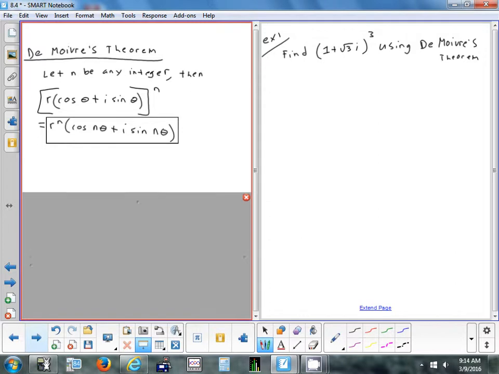All right. What's wrong with this problem that I can't use de Moivre's theorem on it right away? It's not in the right format. This is standard form. What form do I have to get it in?